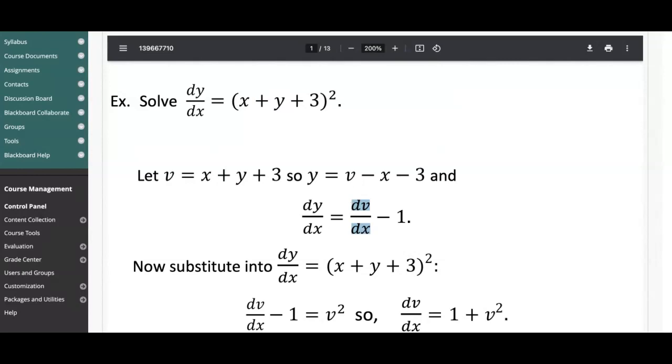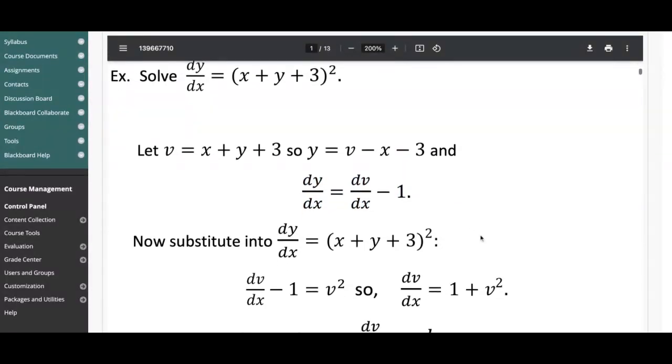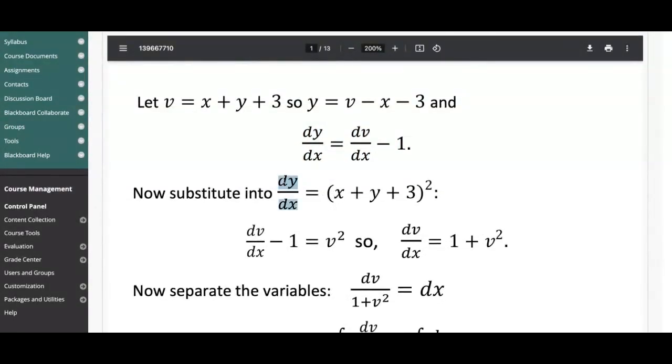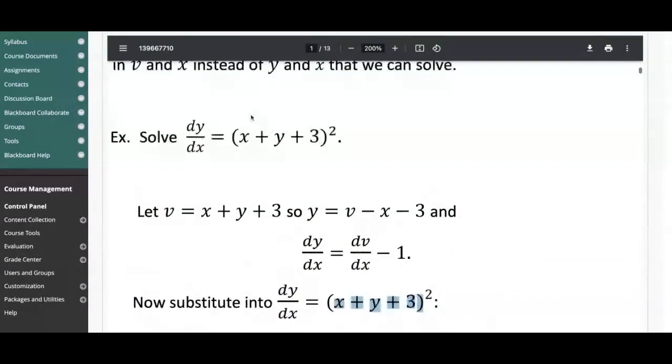This is implicit differentiation, right? We're taking derivatives simultaneously. The derivative of negative x is negative 1, and the derivative of negative 3 is 0. So we get this differential equation. Now we substitute dy/dx into the original equation we are given.